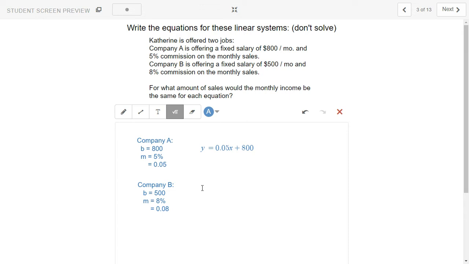So, as an equation, company B could be modeled by y is equal to 0.08x plus 500. Now we have our two equations, and for us to find where the monthly sales would be equal, I would solve this using substitution.